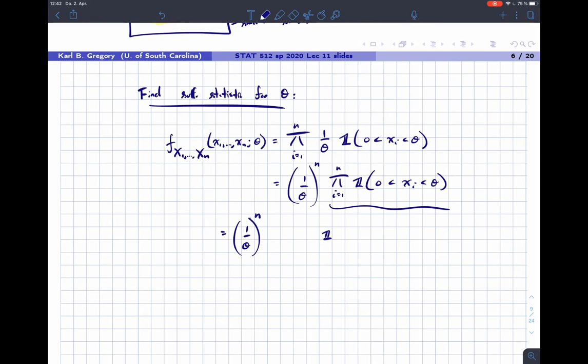So we've got 1 over theta to the power n, and then I've got the indicator function telling me whether x1 is between 0 and theta, the indicator function telling me whether x2 is between 0 and theta, and so on, all the way out to the indicator function telling me whether xn is between 0 and theta.